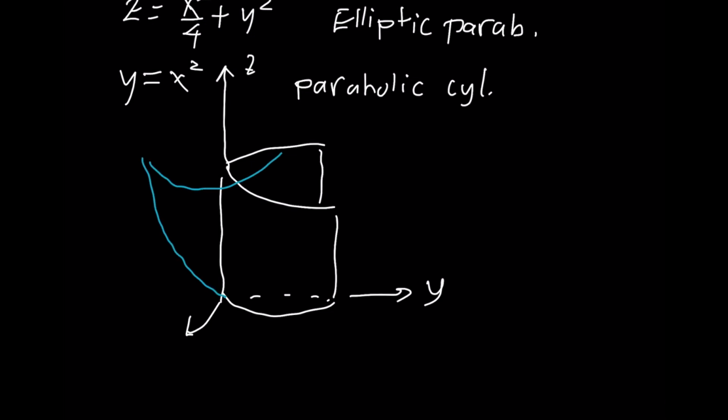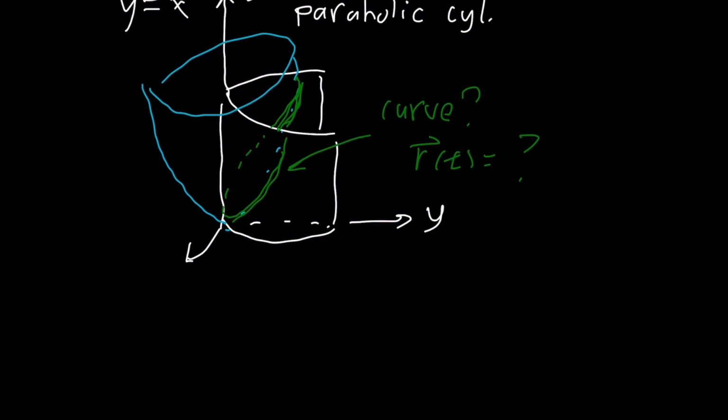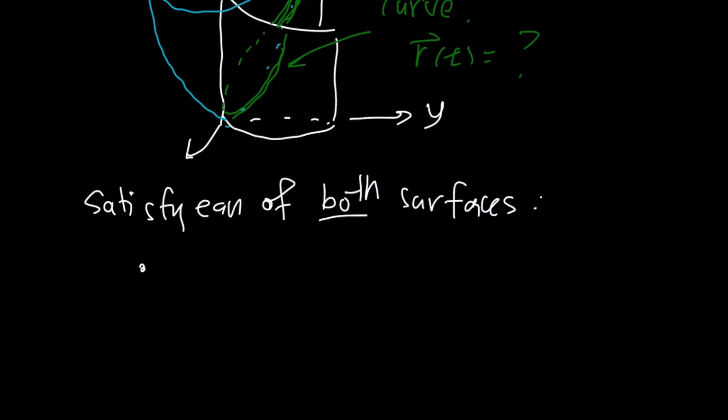Now, you can see from my picture, these things touch in some curve. What is its parameterization? Well, it must satisfy the equation of both surfaces because it lives on both surfaces. And as a result, if x is equal to t, y can then be x squared, which is t squared, from the parabolic cylinder.